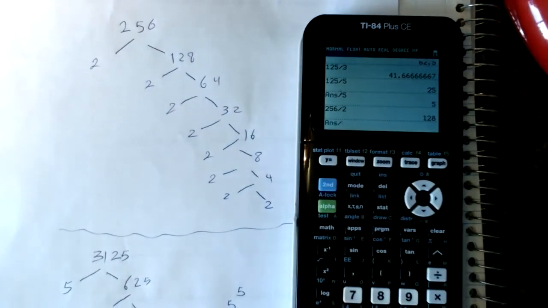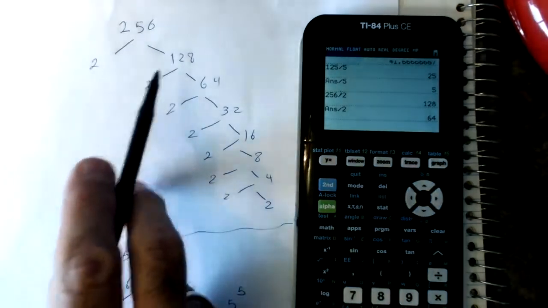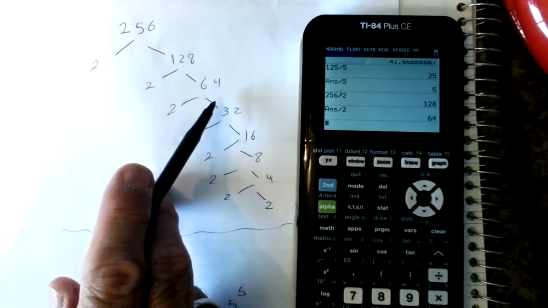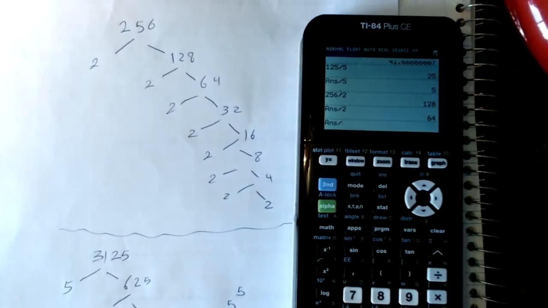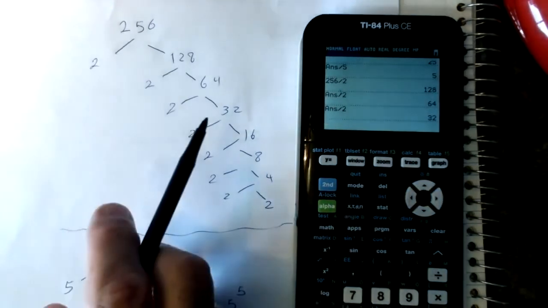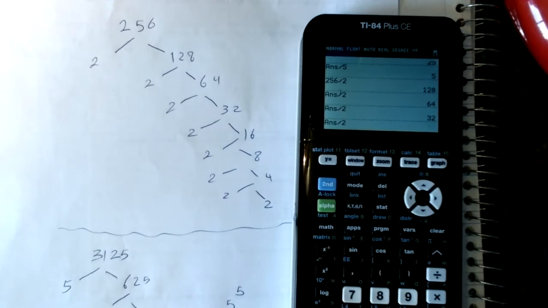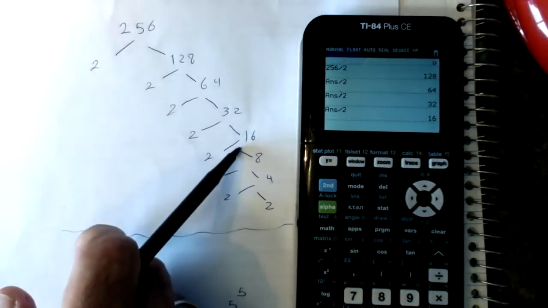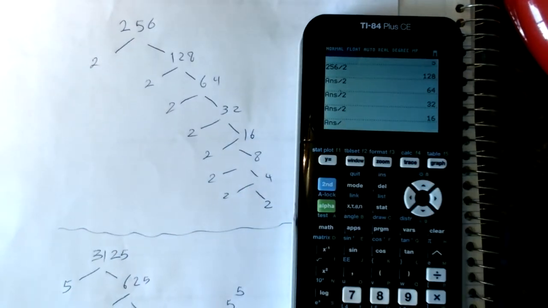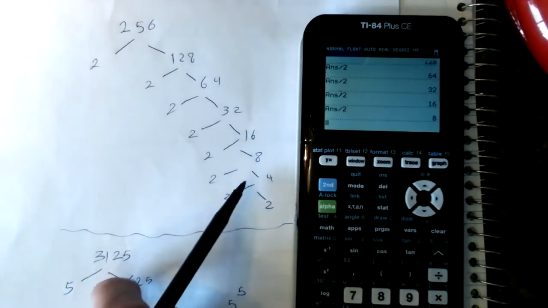Divide by 2 again, it gives you 64. Divide by 2 again, it gives you 32. Keep dividing by 2. 16. 8.